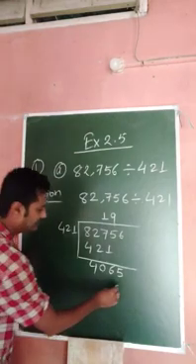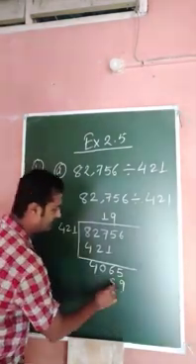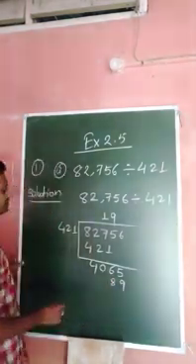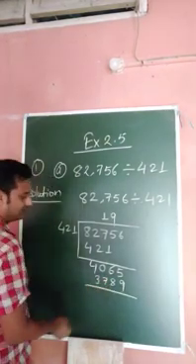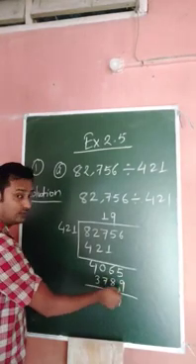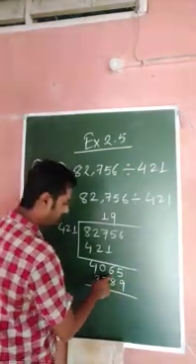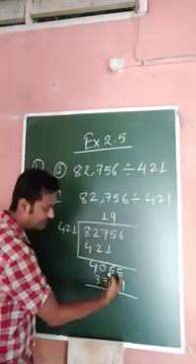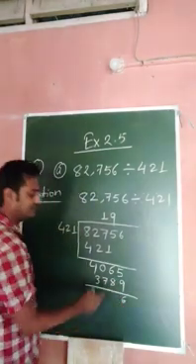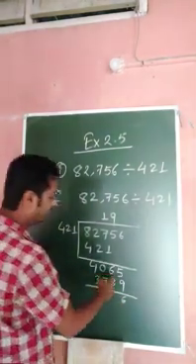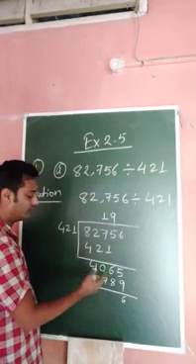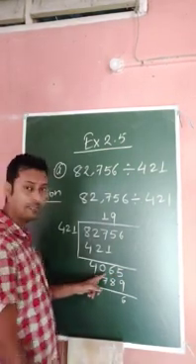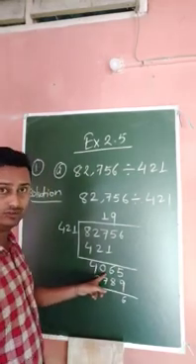So 9 ones are 9, 9 2s are 18, 8 and 1 carry on, and 9 4s are 36, 36 plus 1 is 37. Now 5 minus 9, you cannot subtract 9 from 5, so take 1 from 6, so it becomes 15. 15 minus 9 becomes 6. Now it remains as 5. Again you cannot subtract 8 from 5, so you have to take 1 from the left hand side number, but this one is 0, you cannot take 1 from 0.